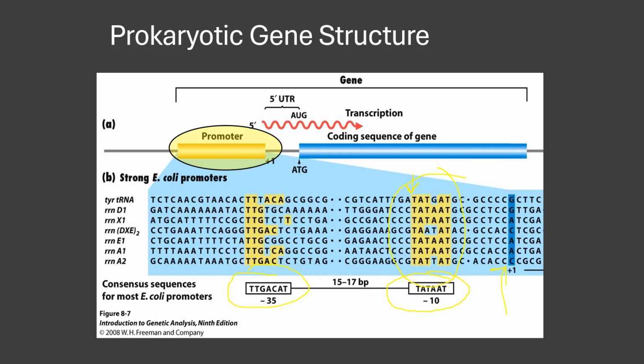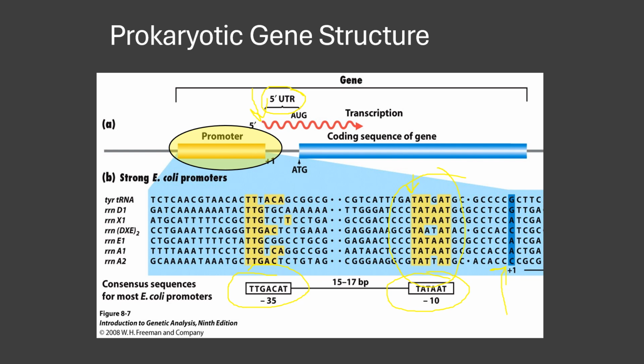And this up here at the top of this image, it shows that transcriptional start site with the +1, and then the sequence of the messenger RNA begins. RNA polymerase starts churning out a molecule, but some of that isn't translated.